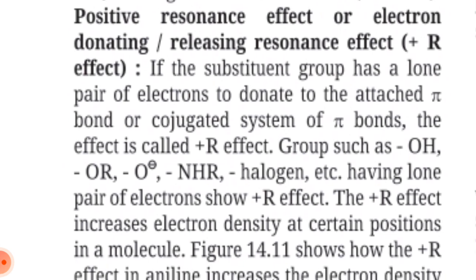The positive resonance effect, or electron donating or releasing resonance effect, is the +R effect. If the substituent group has a lone pair of electrons to donate to the attached pi bond or conjugated system of pi bonds, the effect is called the positive R effect. Groups such as OH, OR, O-, NHR, halogens, etc., having lone pairs of electrons, show the +R effect.